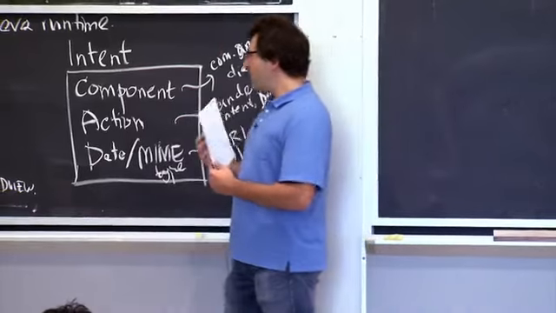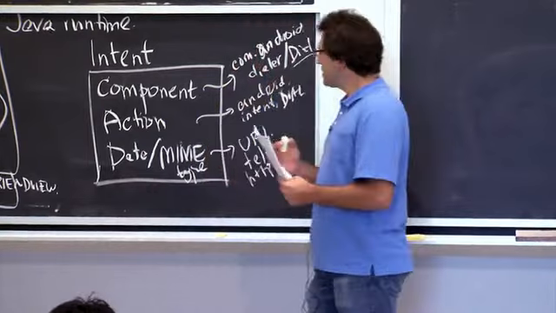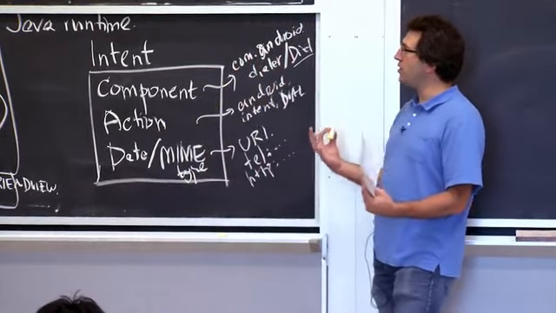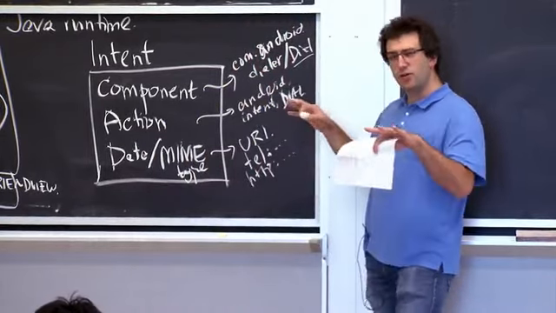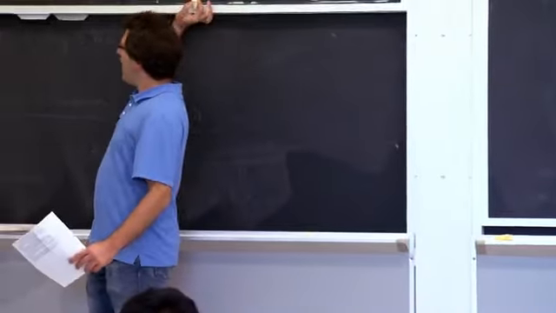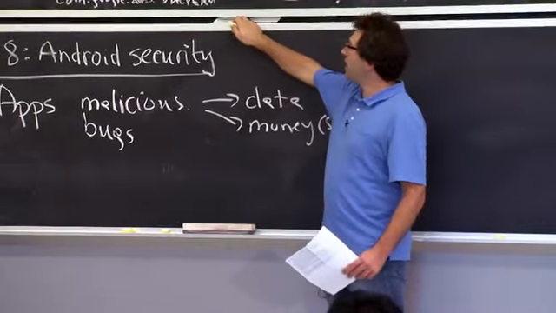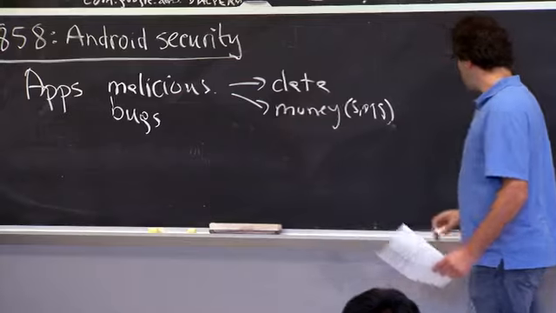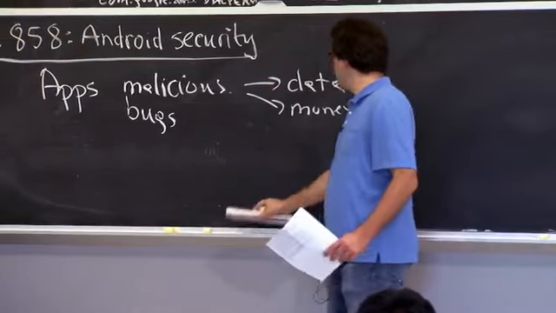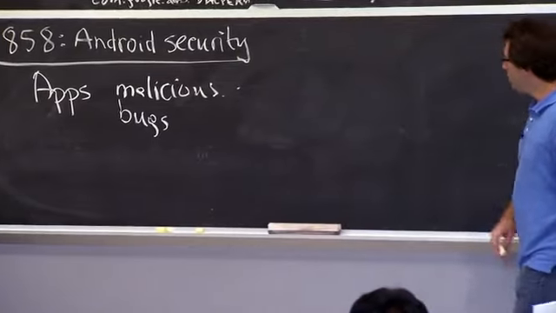And the way these messages are actually routed through the system is with the help of the Android runtime itself that sits underneath all of these applications. So you can think of the Android runtime as being somewhere between the applications and the kernel. It's not quite correct, but let's try to draw some picture to clarify what the architecture looks like.